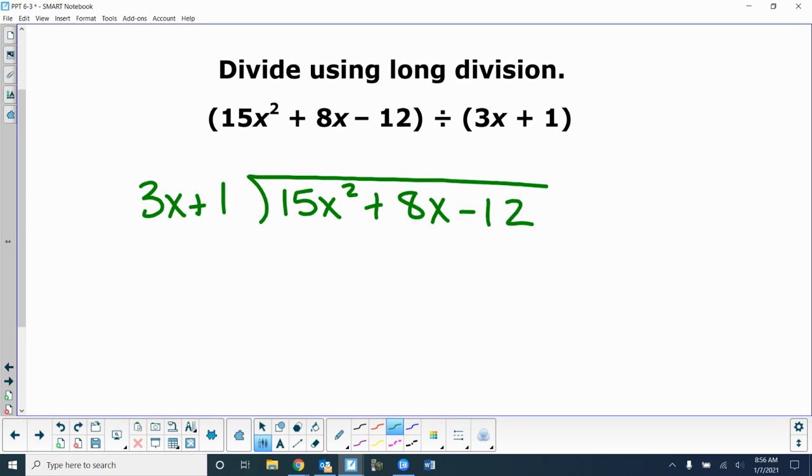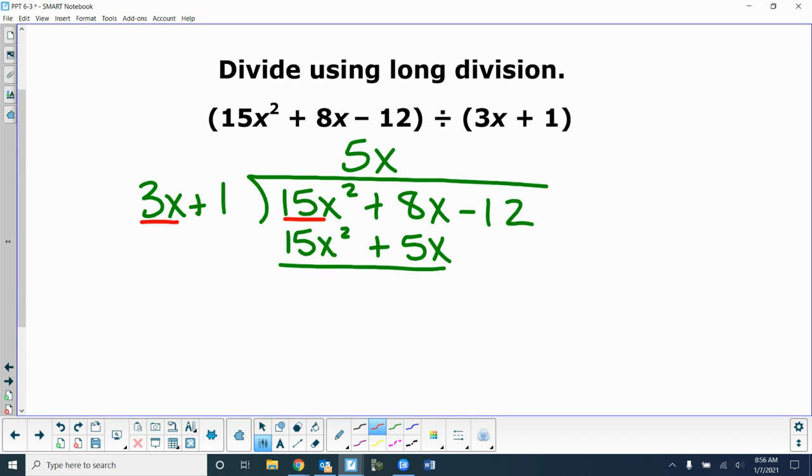Okay, so again, all I worry about is 15x squared divided by 3x, which is 5x. That goes up top. Multiply that answer times both of these. So 5x times 3x and 5x times 1.